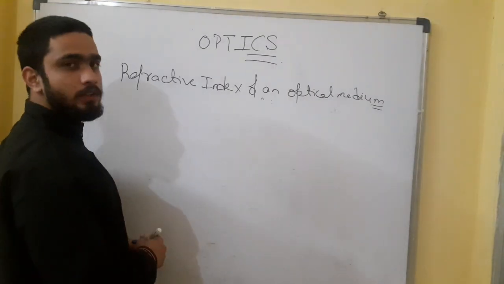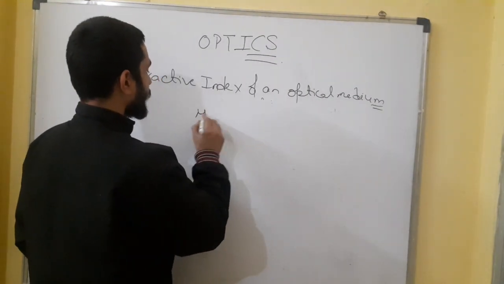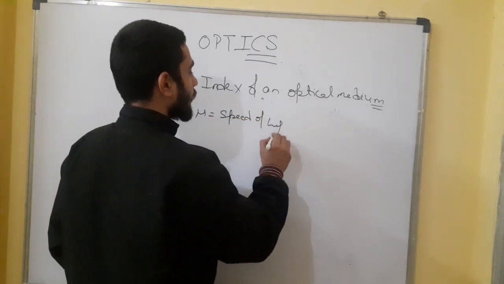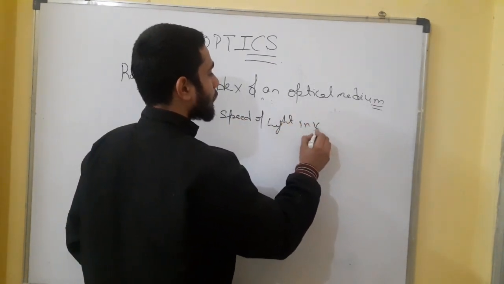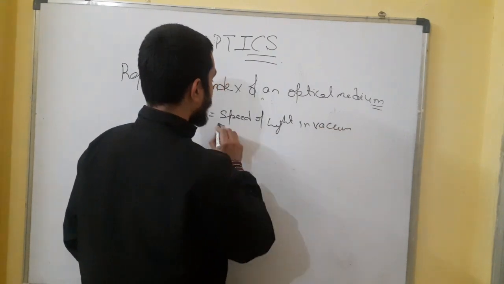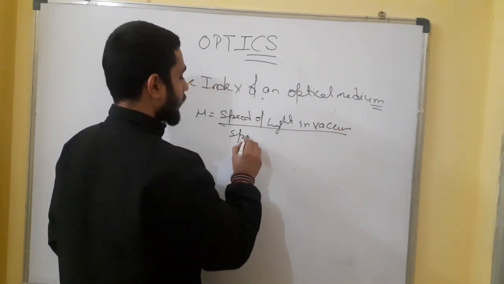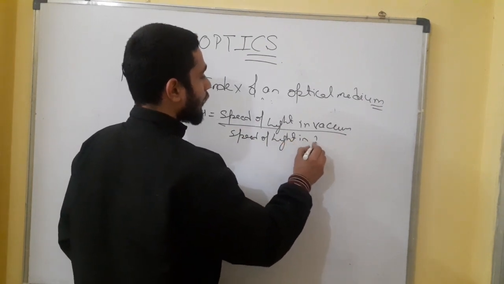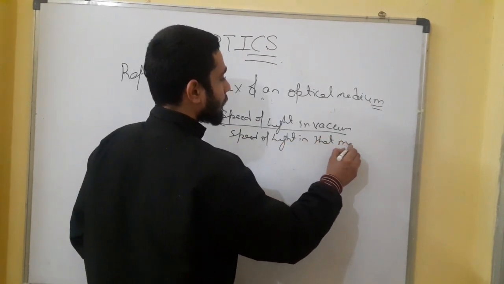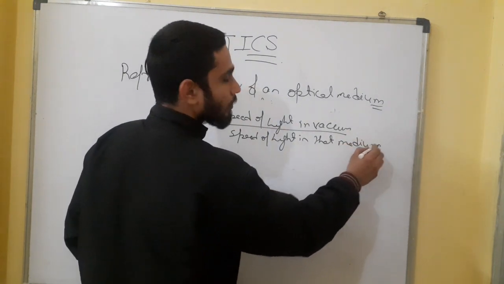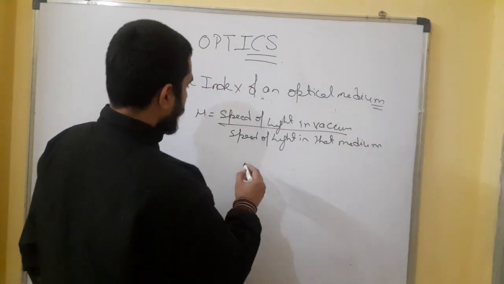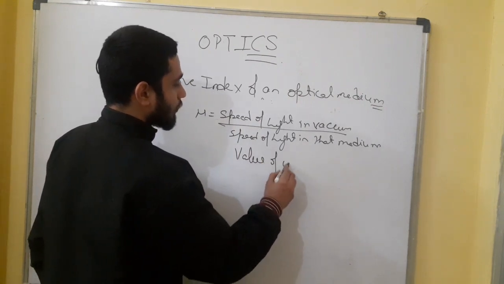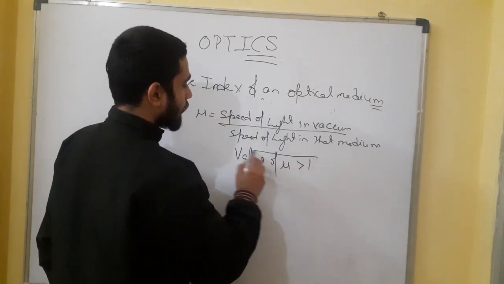So mu is defined as speed of light in vacuum divided by speed of light in that medium. Okay. Value of mu is always greater than 1.